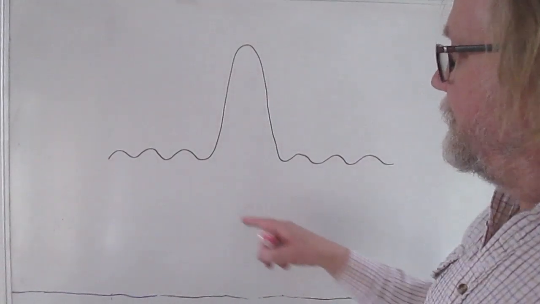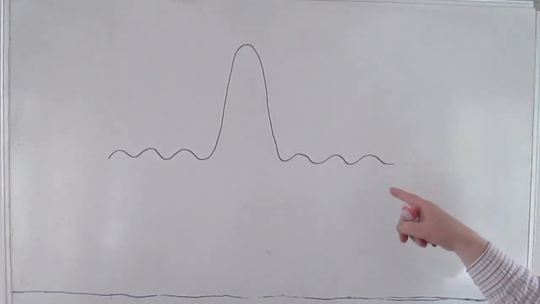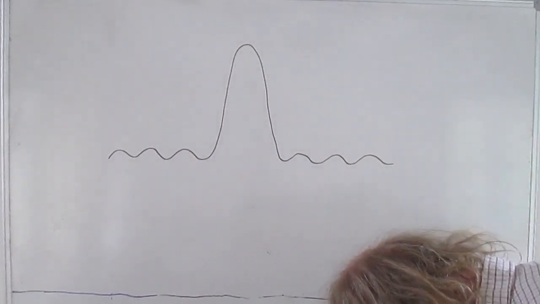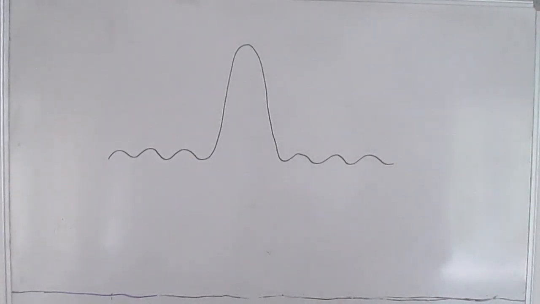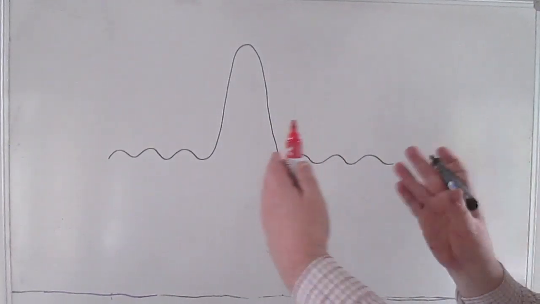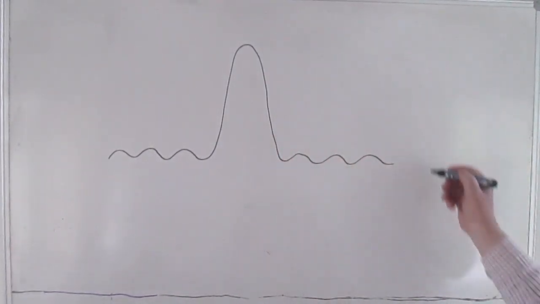Okay, so this, remember, is the kind of intensity distribution that you get from a single slit of finite width, as a result of the sort of interference you get from light coming from different points within the slit.